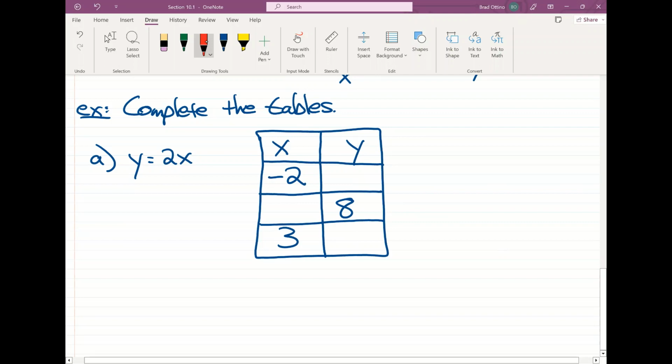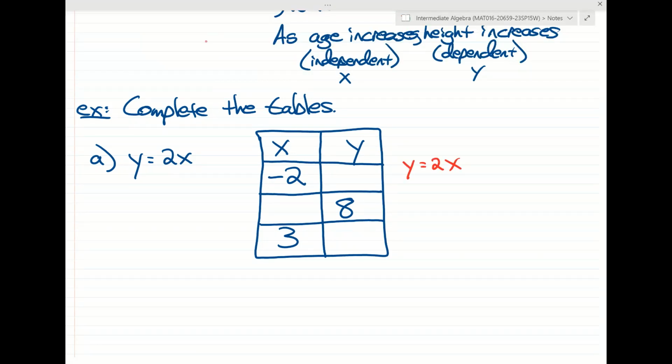Well, for this first row, it's telling you x is -2, figure out where y is. So if y is equal to 2x and x is -2, y would be -4.